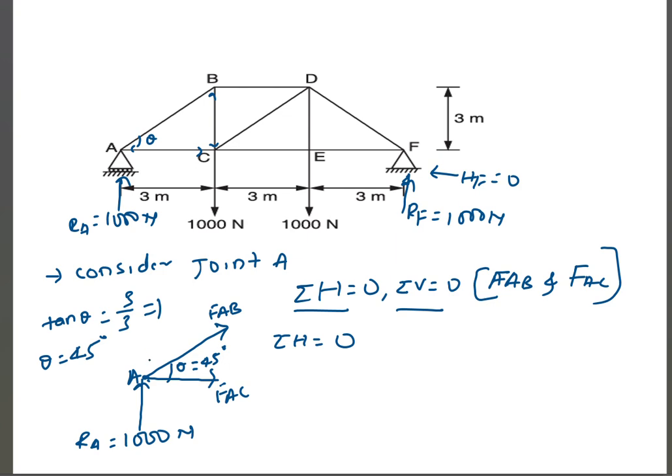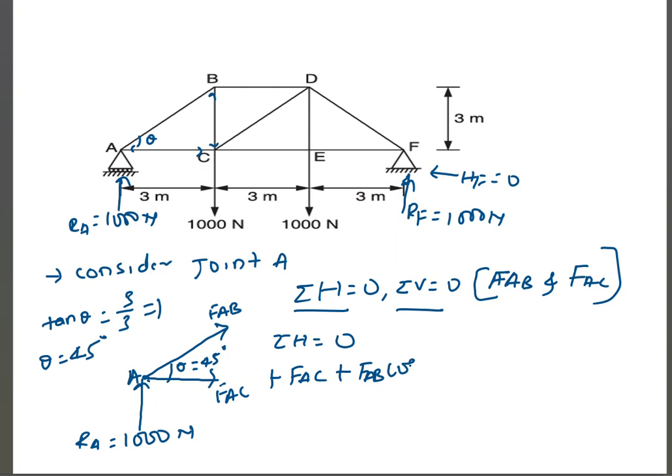How many horizontal forces are there at joint A? One is FAC. This will become plus because the force is acting towards the right. Rightwards means the force is moving from left to right. Next one is the inclined force. After resolving, this will become FAB cos 45 degree.